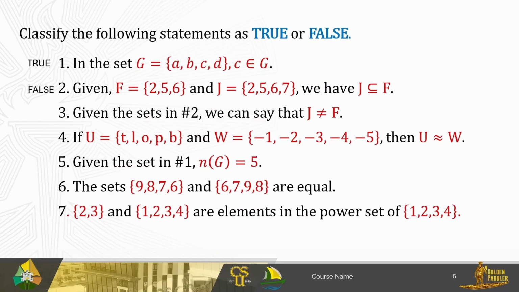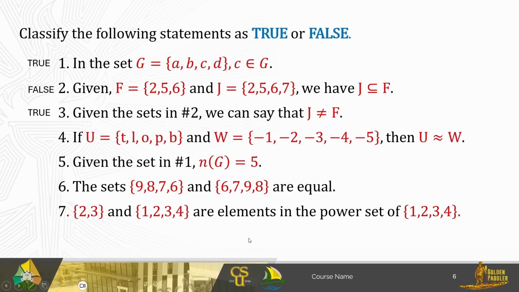Given the sets in number 2, we can say that J is not equal to F. This is true because J is not a subset of F, but F is a subset of J. If U is a set containing T, L, O, P, and B, and W is a set containing -1, -2, -3, -4, and -5, then U is equivalent to W. So is it true or false?